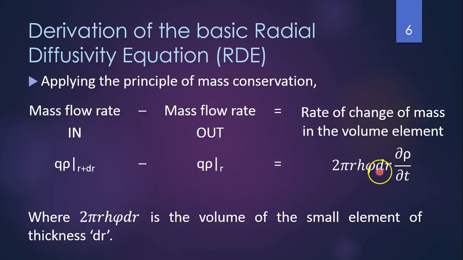Multiplied by φ, it becomes the pore volume in the volume element, times ∂ρ/∂t, that is the rate of change of density with respect to time. For now we are not going into compressibility and such, we are just assuming that the fluid is compressible. So 2πrhφ dr is the pore volume of the small element of thickness dr.